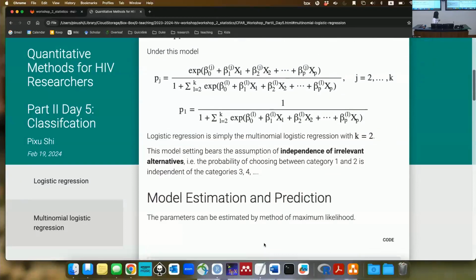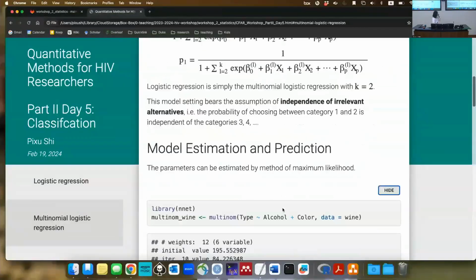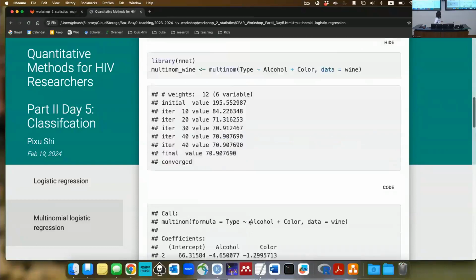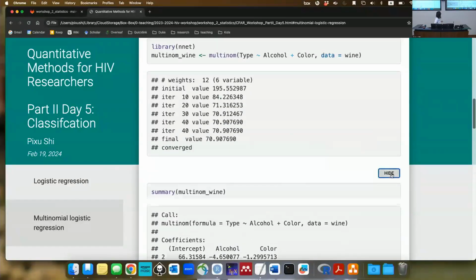Model estimation is going to be done using this. There are many R packages, but this is a very fast and popular one. So the syntax is going to be the same as logistic regression. You just need to have a multi-category outcome, and it will produce all the similar coefficients for you.